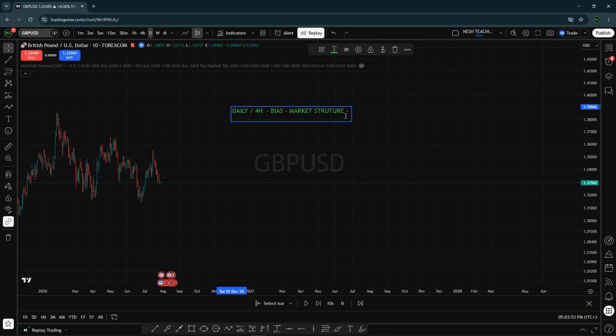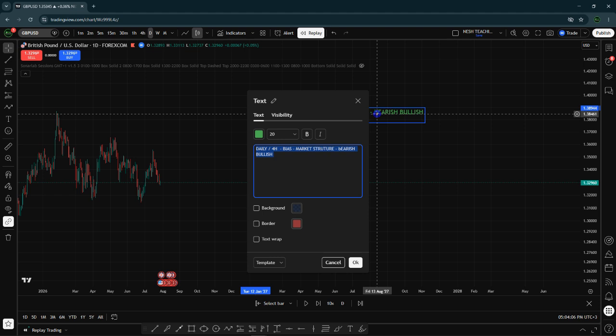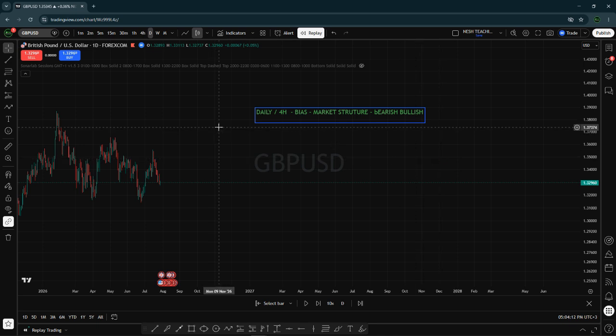This means we are looking for whether the market is bearish or bullish, right? So having that in mind, this will be our first step: we find if the market is bullish or bearish.